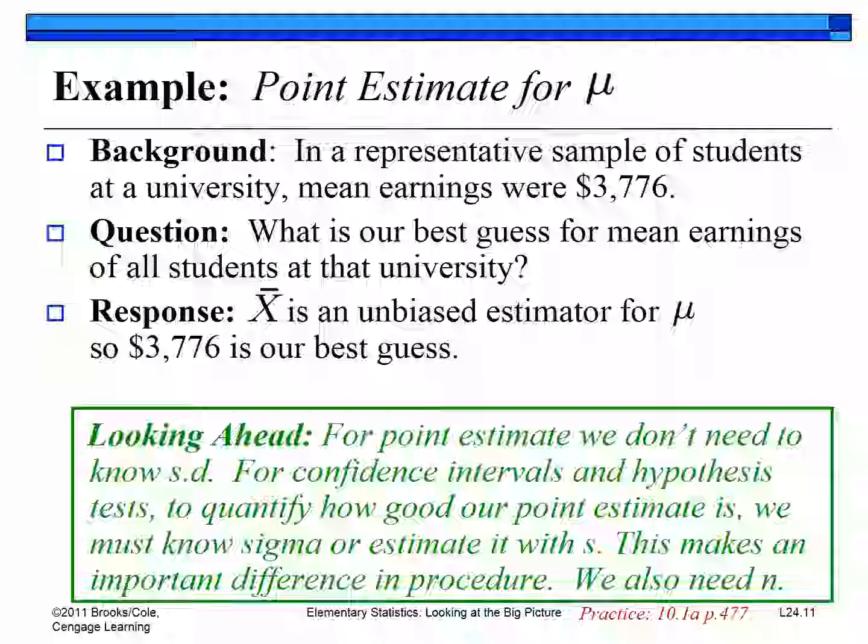Notice that to do a point estimate, we don't need the standard deviation, because this isn't reliant upon the spread of the data. It only focuses on the center. For the other types of inference, we will definitely need some measure of spread to indicate, for confidence intervals, how wide the interval is going to be, and for hypothesis tests, in order to compute a probability.